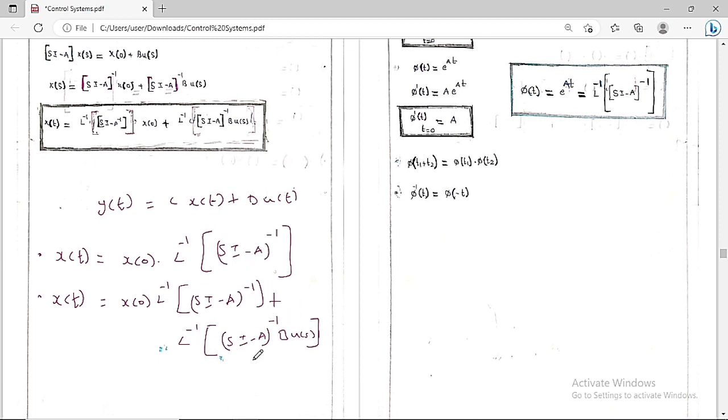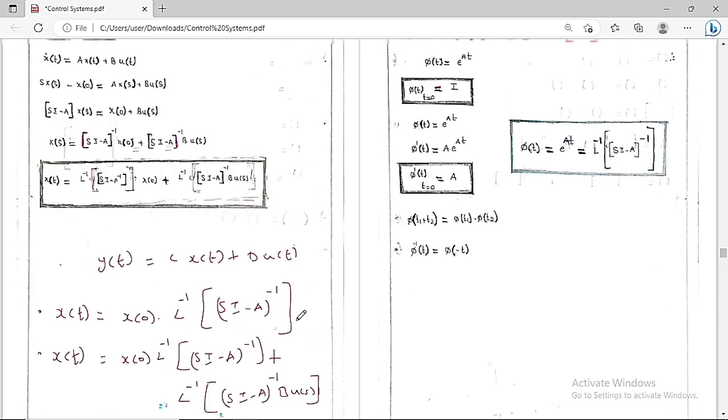So x of t is equal to x of 0 into Laplace inverse of (sI minus A) inverse for free response, and for forced response, x of t is equal to x of 0 into Laplace inverse of (sI minus A) inverse plus Laplace inverse of (sI minus A) inverse into B into U of s. These things you always have to keep in your mind.